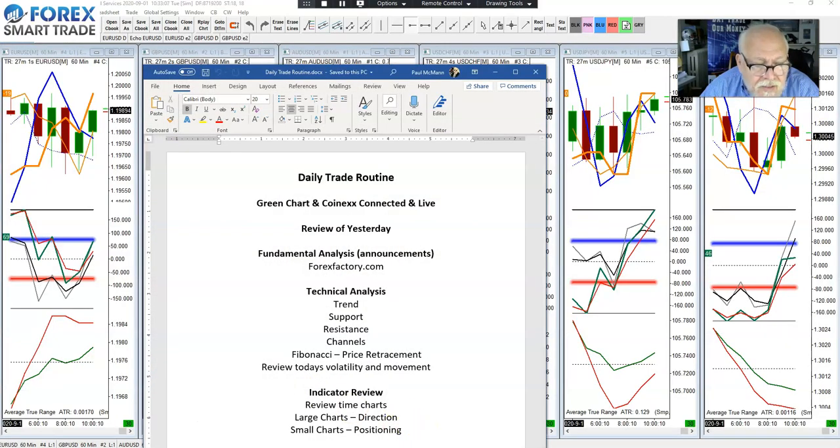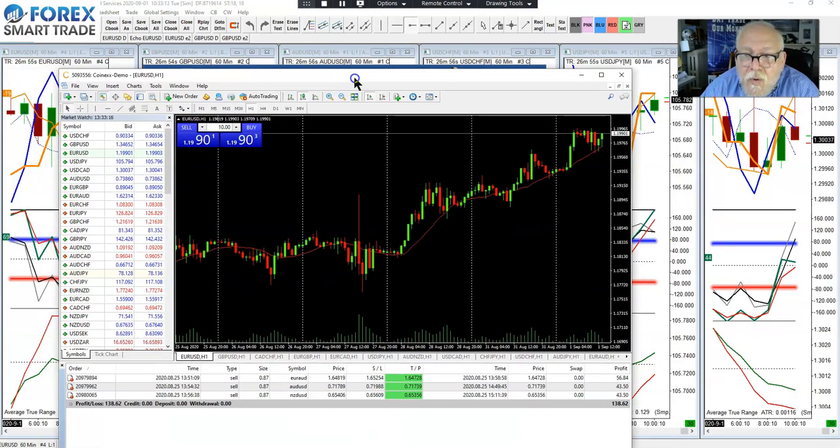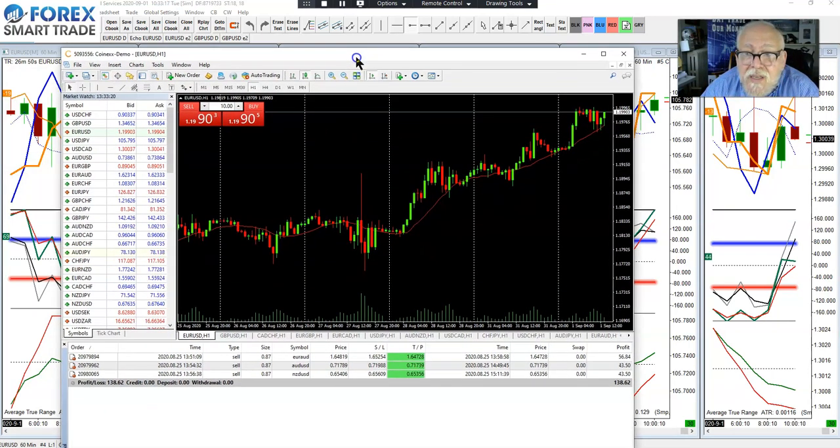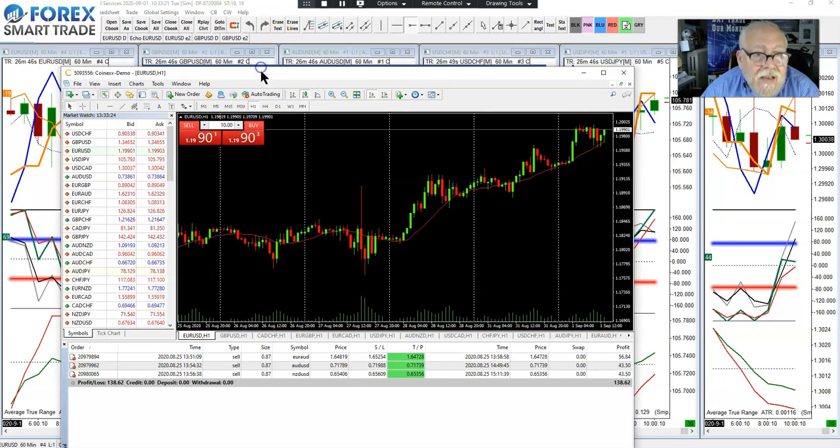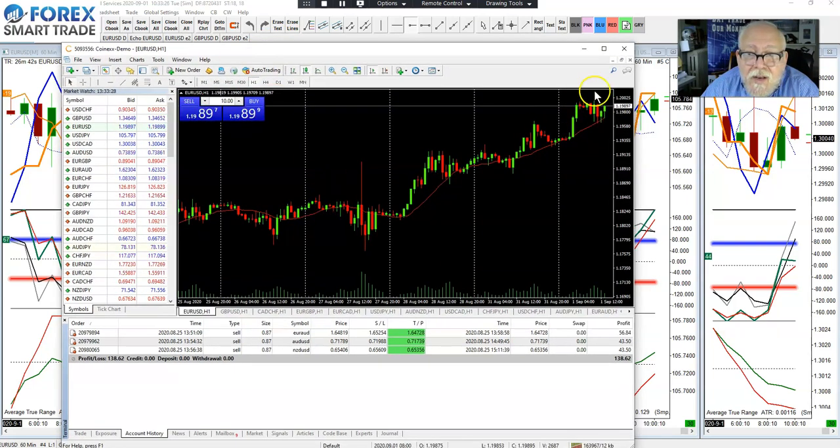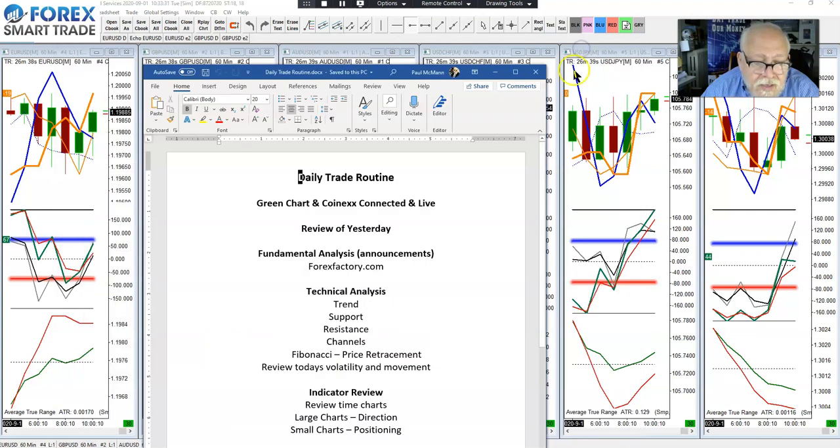And let's make sure our CoinEx is connected. And I know it is connected because I see the price bouncing here, and I see this moving. So I know I'm current.